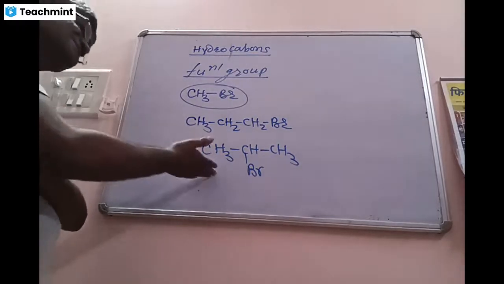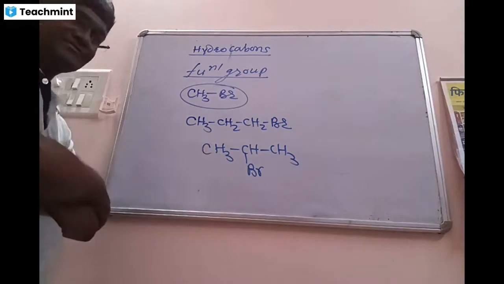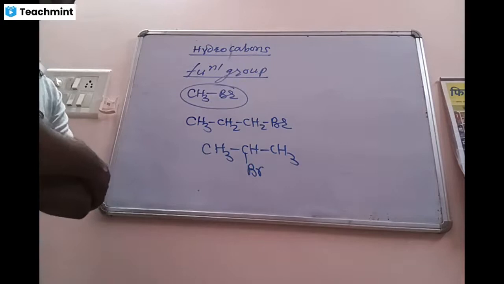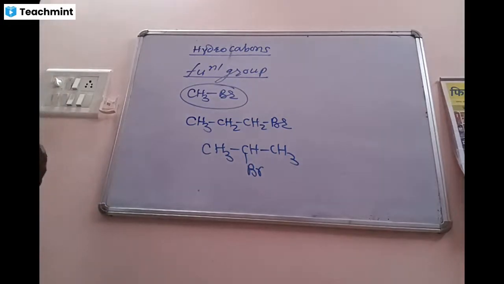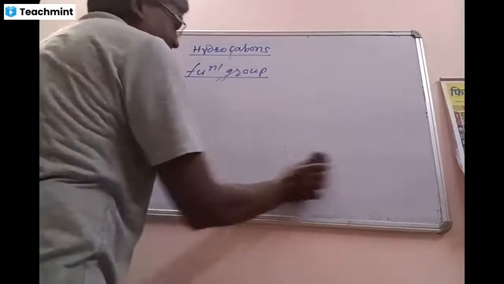This one is... You have to prepare the alkyl groups for the common system. Isopropyl bromide, right? Correct. You have to work on those alkyl groups for the common system.